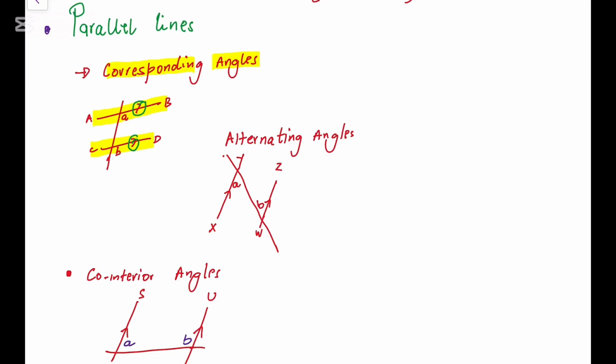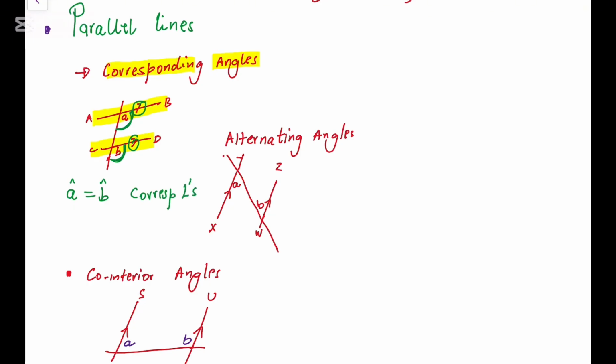Here, for example, this angle here corresponds with this angle there, and with that angle there. That simply means A is equal to B. When you write your reason here, you just say these are corresponding angles.